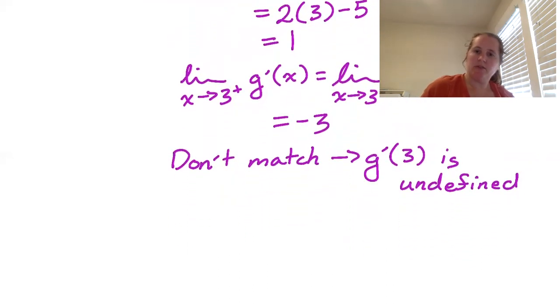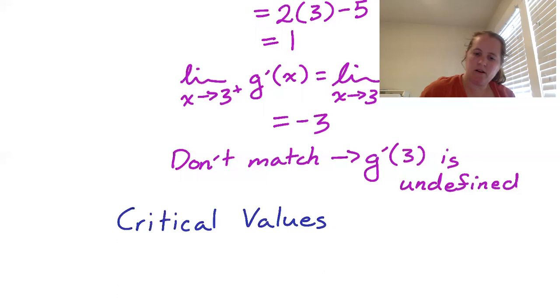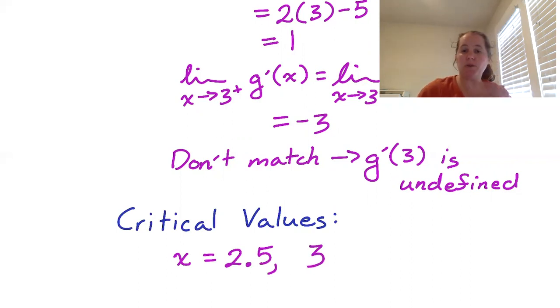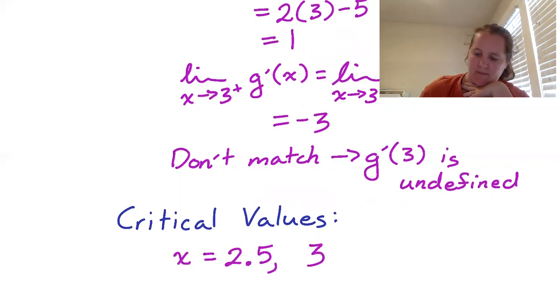So our critical values are x equals 2.5 and x equals 3.